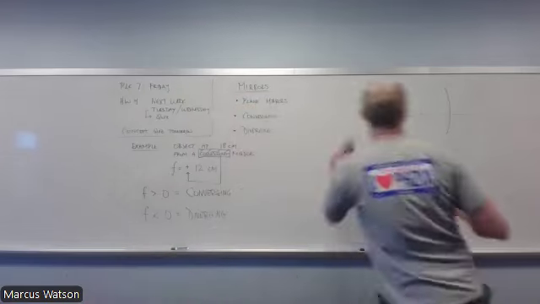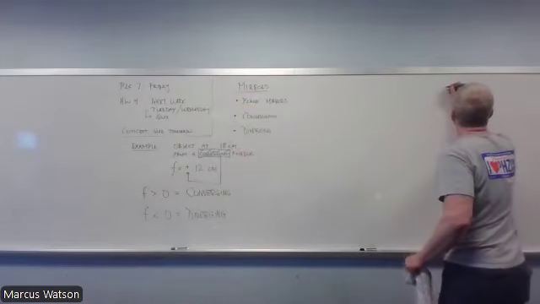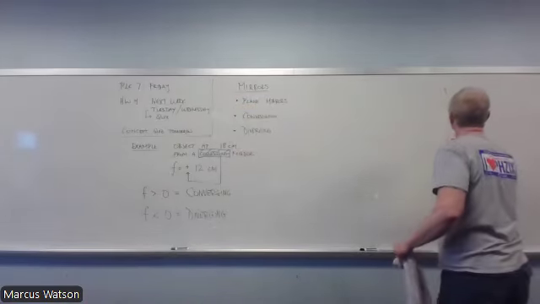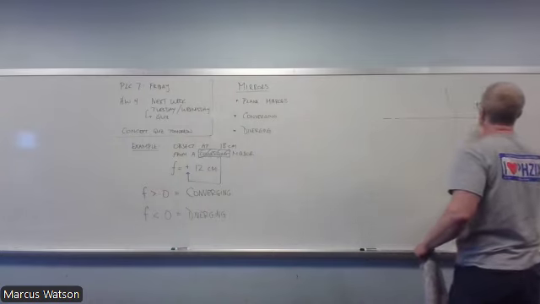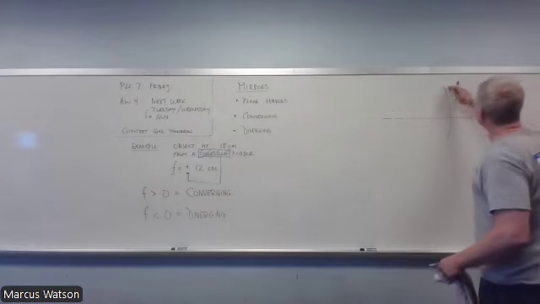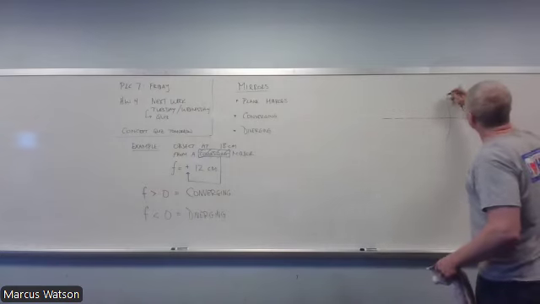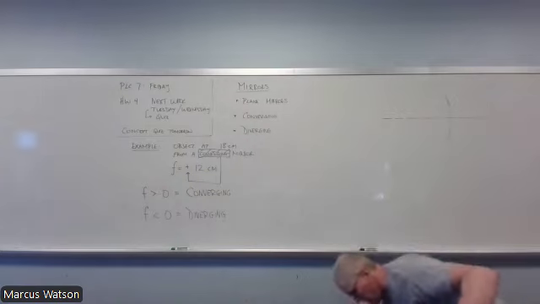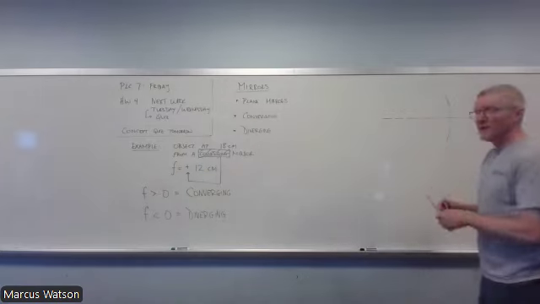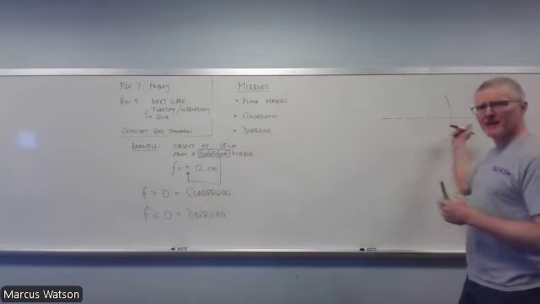Let me draw that again. All right, still not very good. All right, so here's our mirror with the positive focal length, and now I've sketched in the optic axis here.